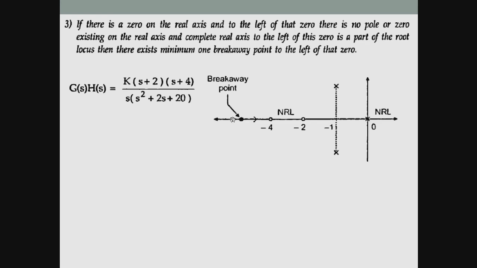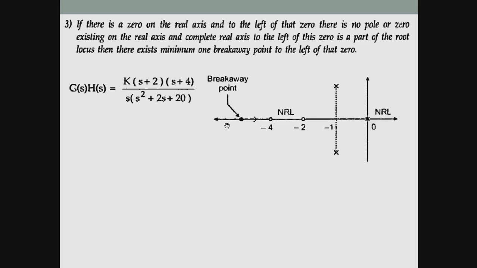So what is that? From this point, if the zero is on the extreme left, and this path should be a root locus path, then if it is so, there may be any number of poles or anything.